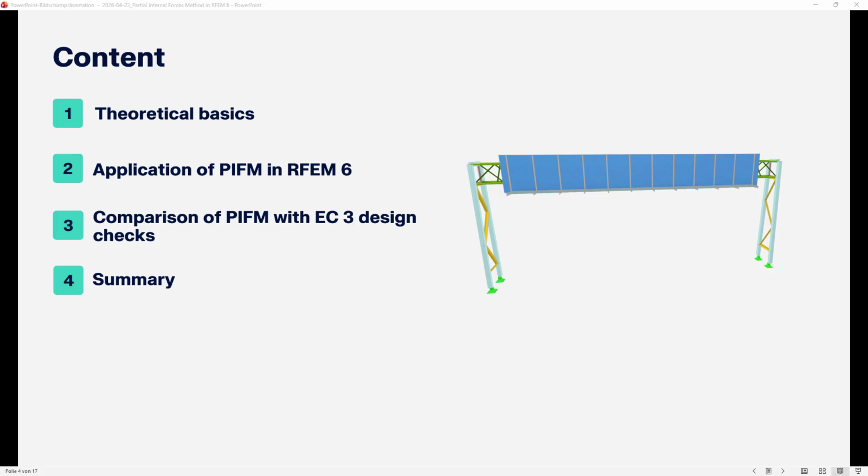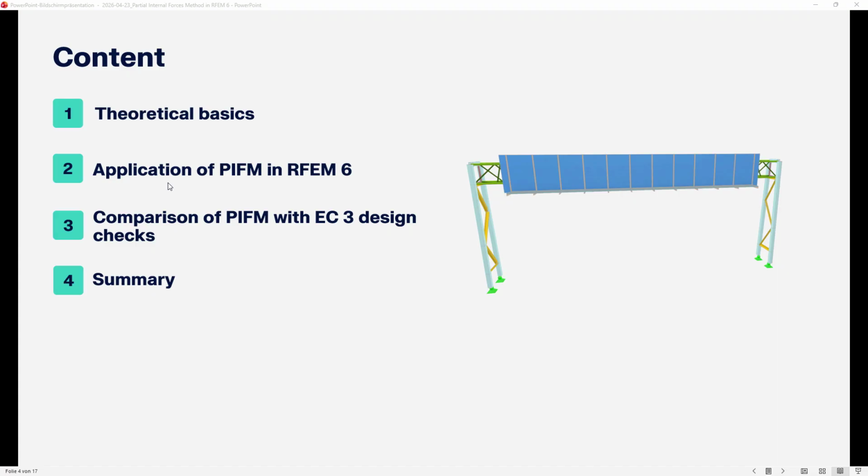Thank you, Andreas, for the introduction. Now let's have a look at the content for today's webinar. In the first step, we will have a look at the theoretical basics of the partial internal forces method. Next step will be to switch to RFEM 6.